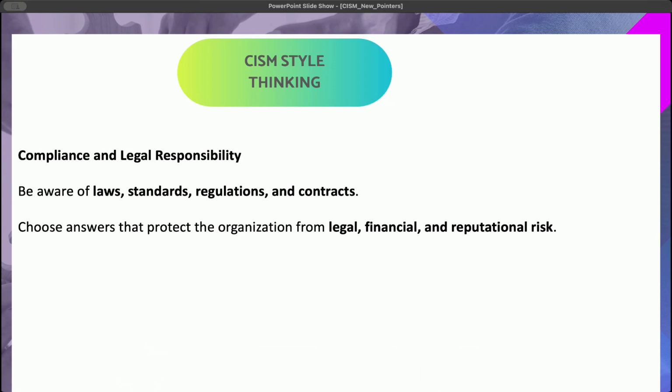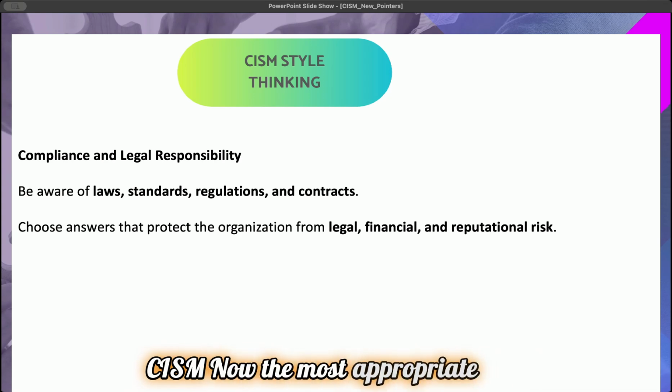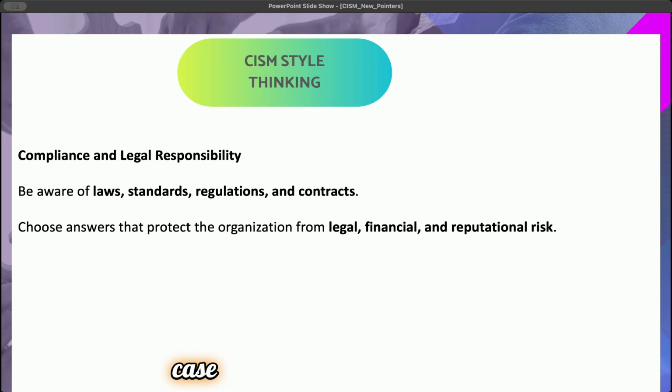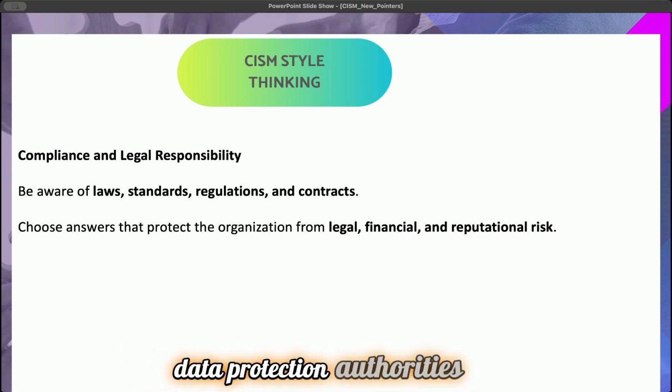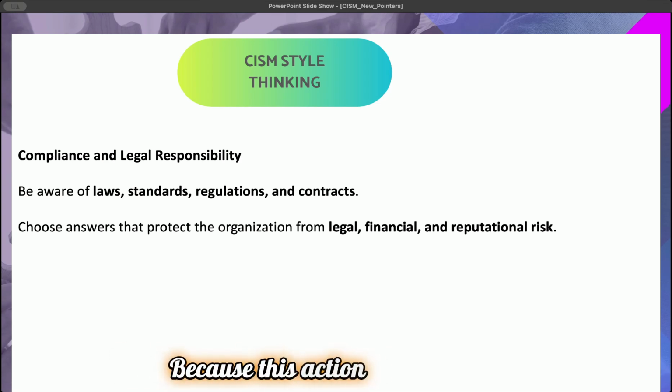One example scenario would be, suppose a company is notified of a data breach involving personal data, but outside the company no one knows yet. What is the most appropriate action for the CISM? Now, the most appropriate action for the CISM in this case would be immediately inform the board, legal, and data protection authorities as required, because this action protects the organization legally.